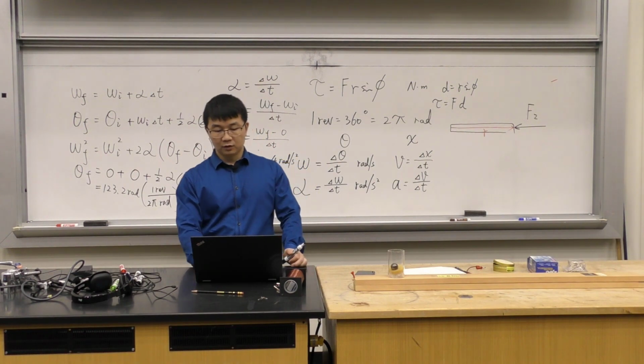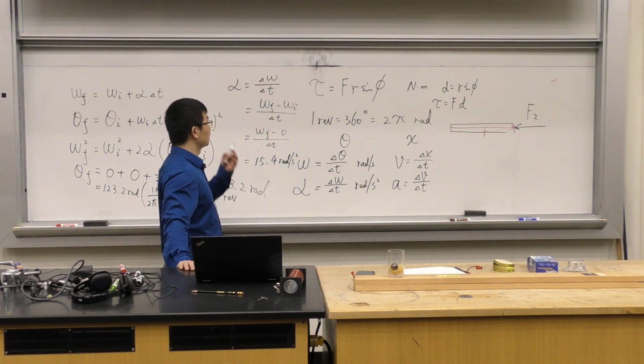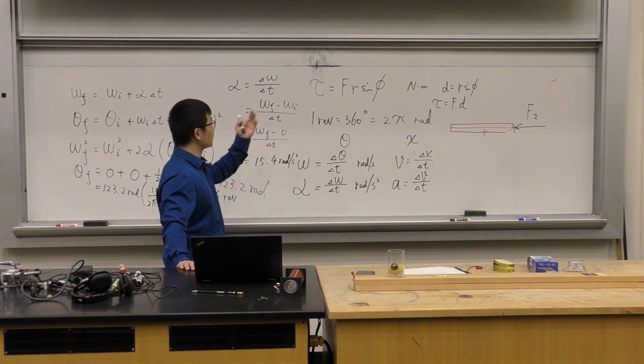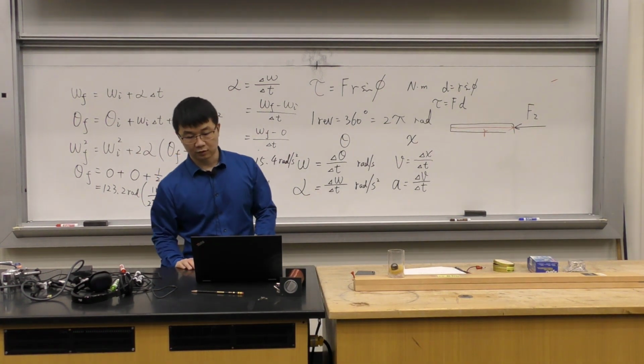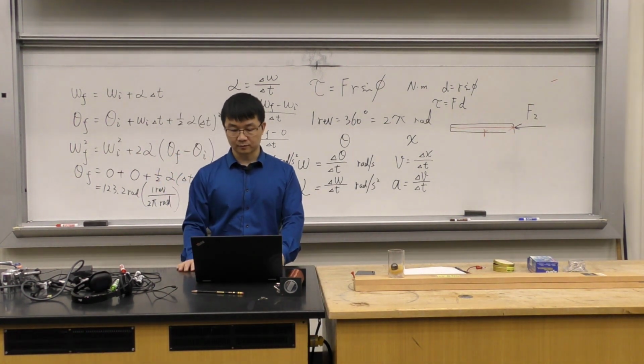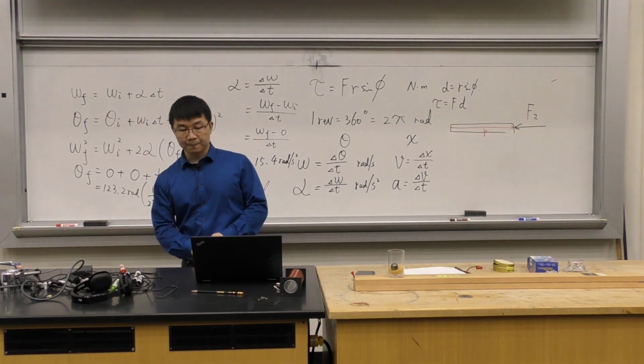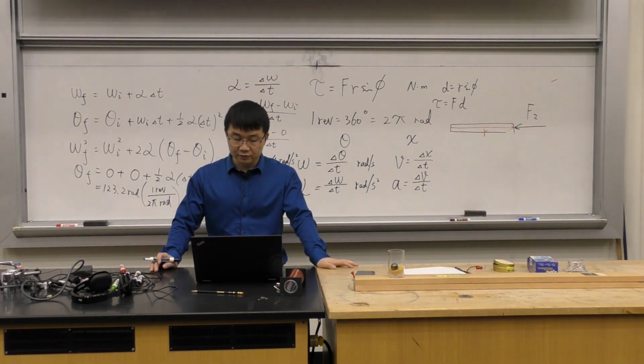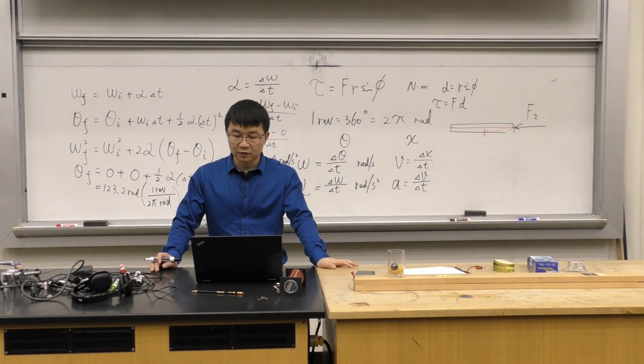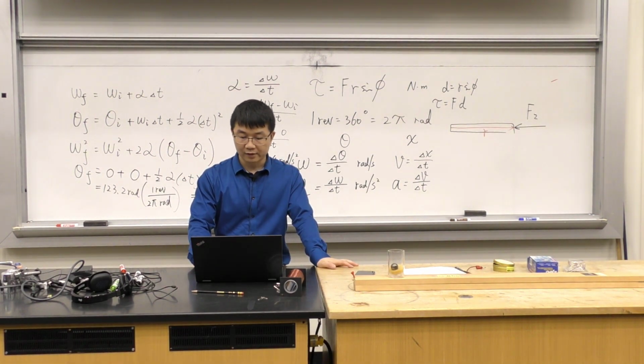All right, strictly speaking, there's a nicer way to write torque as a vector. Torque is also a vector. These two guys, they're also vectors. And then torque is actually a cross product between the arm and the force.